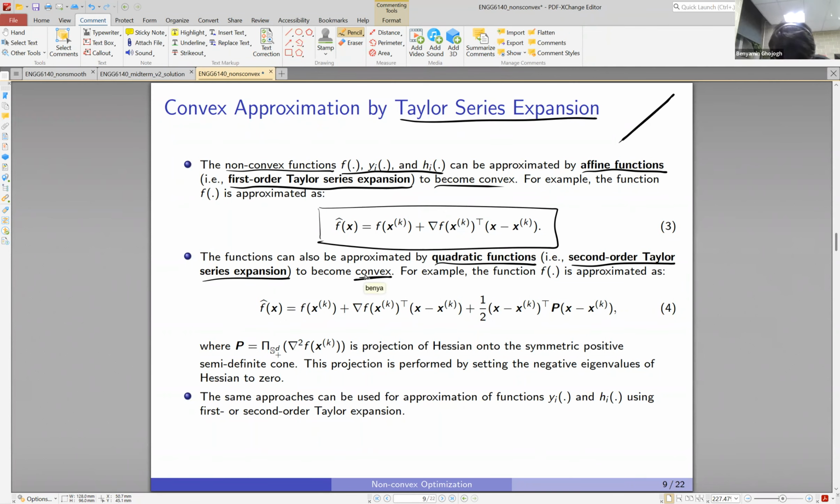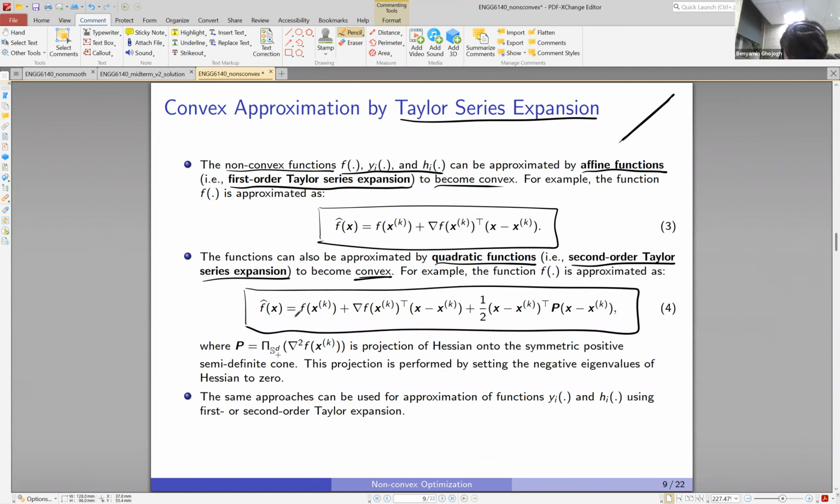For example, the function f can be approximated by this. So again, this is the second order Taylor series expansion of the function f around the point xk. xk is the solution of the problem at iteration k.